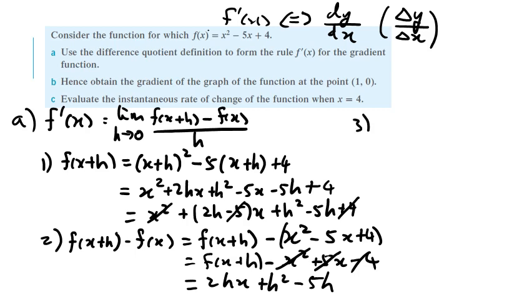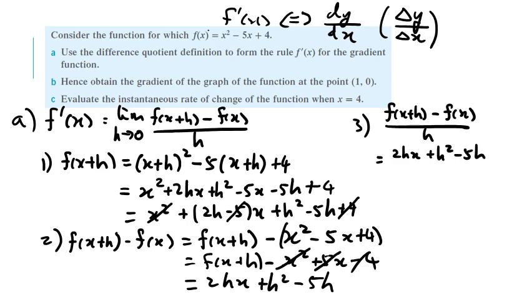Alright, part 3. You would do this expression divided by h. So f of x plus h minus f of x over h, which is 2hx plus h squared minus 5h, giving you, I jumped ahead, 2x plus h minus 5.